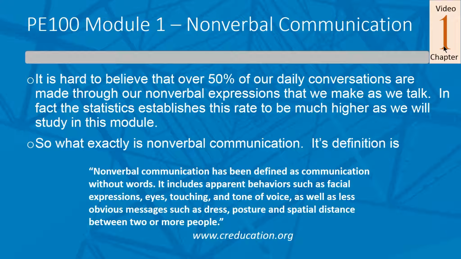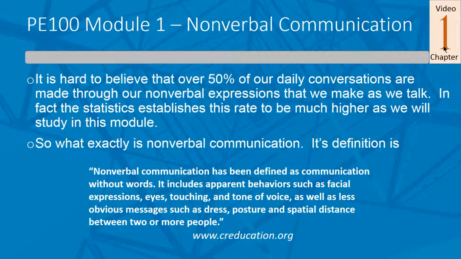So what exactly is nonverbal communication? Nonverbal communication has been defined as communication without words. It includes apparent behaviors such as facial expressions, eyes, touching, the tone of voice, as well as obvious messages such as dress, posture, and the spatial distance between 2 or more people.